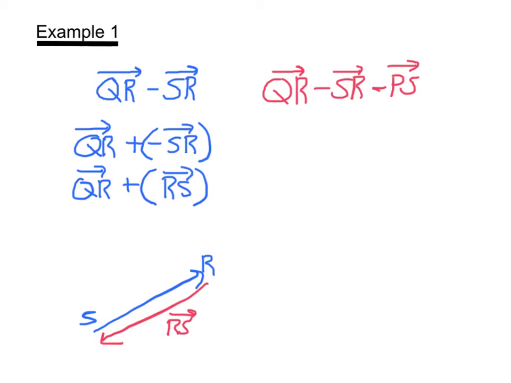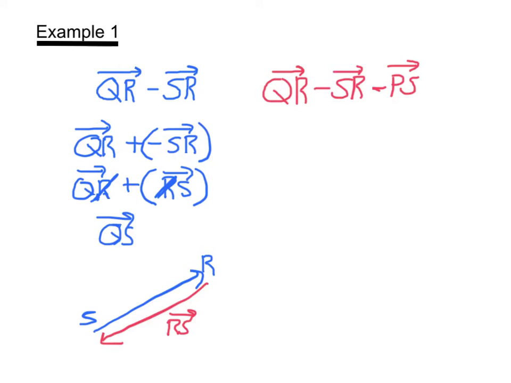Notice how the R's are right next to each other. That means the R's are sort of going to go away. Now this isn't mathematically appropriate, but we can think about the R's kind of canceling each other out. And I'm being left with the two letters that are on the outside here. So I really have vector QS as my answer.